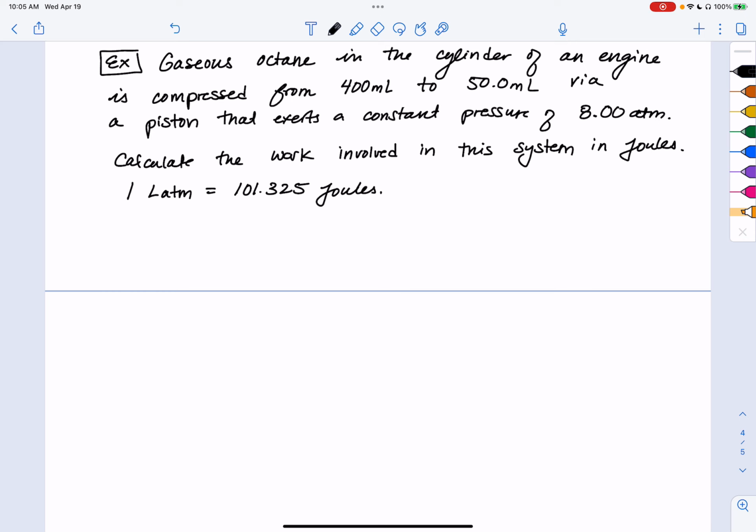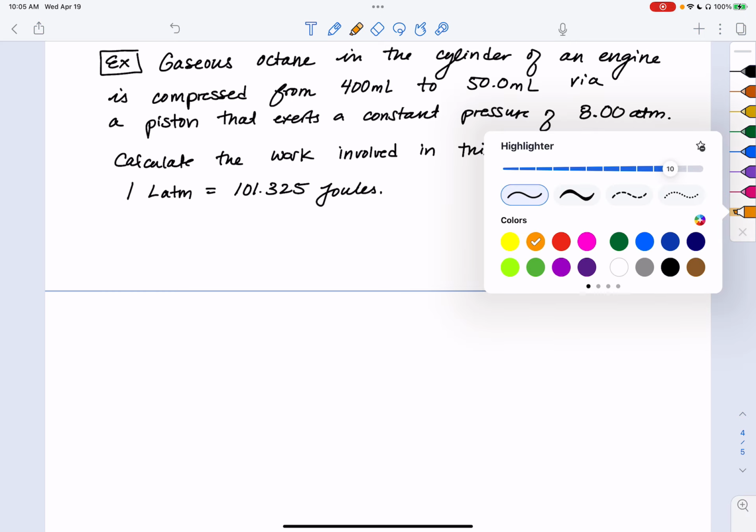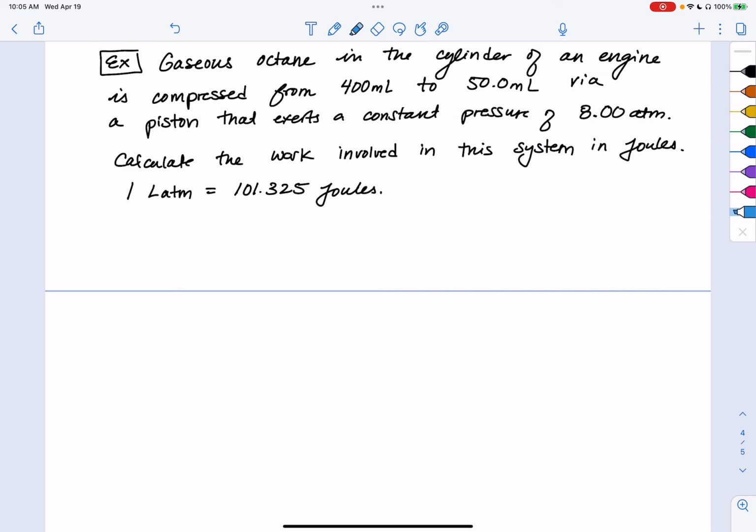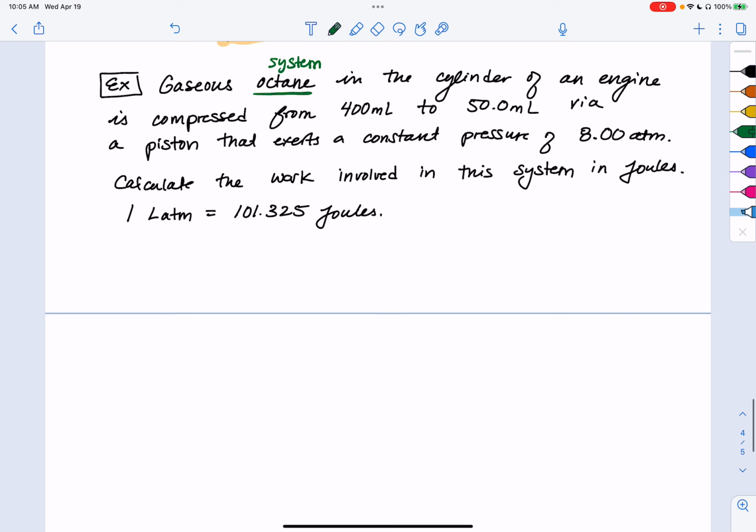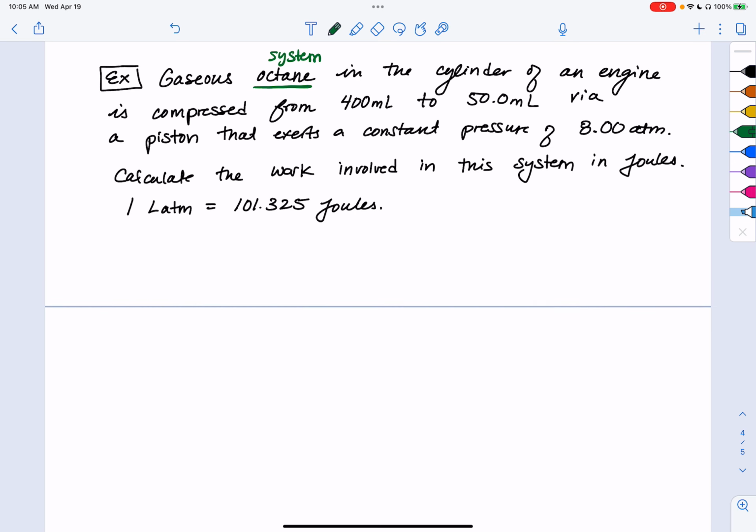So what I'm going to do is first identify my initial conditions of my system. First of all, my system itself is the octane gas, because we are chemists. When we define our system, we're always looking at whatever molecules, particles, or reaction is going on.